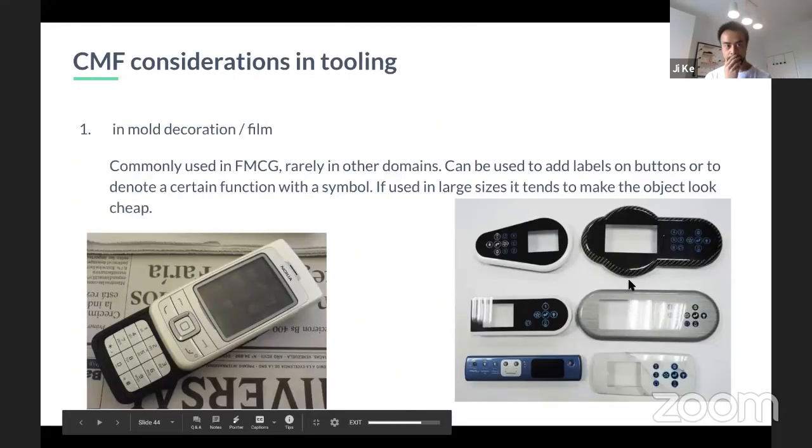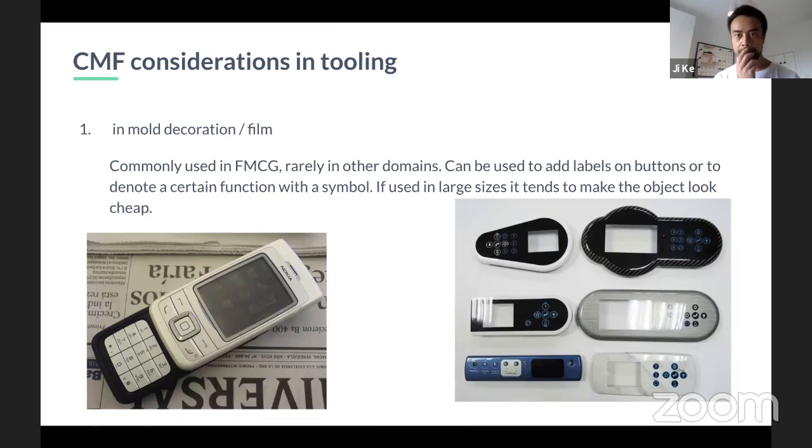So there's some CMF consideration. The way I mentor our startups is that making your product is one thing, and you also want to tell a story around your product, right? The maturity of a startup is most visceral in the object you can touch, feel, and interact with. That's where CMF comes into play.